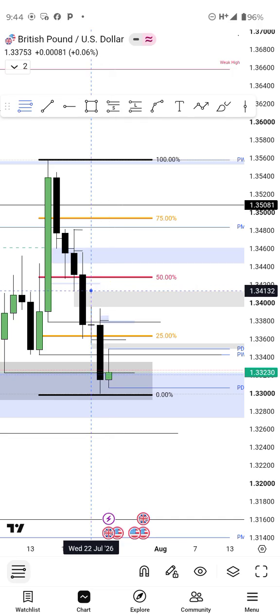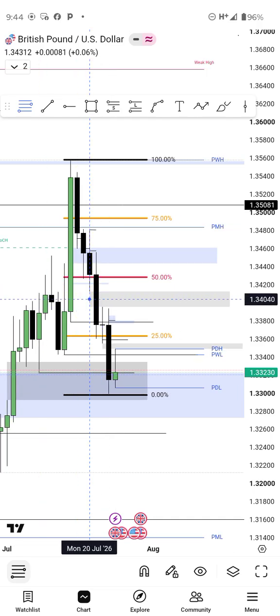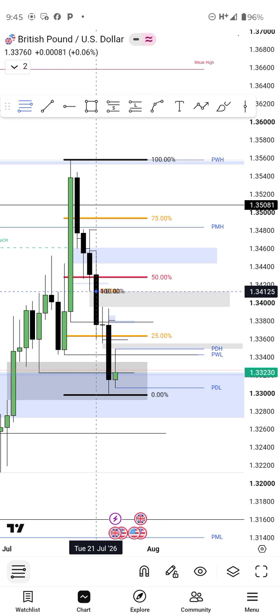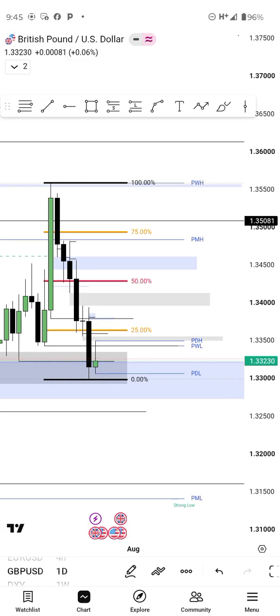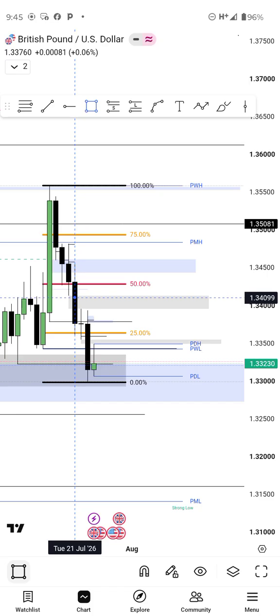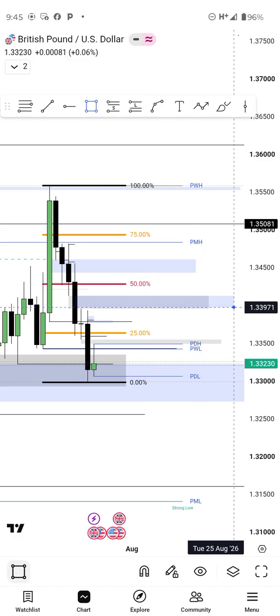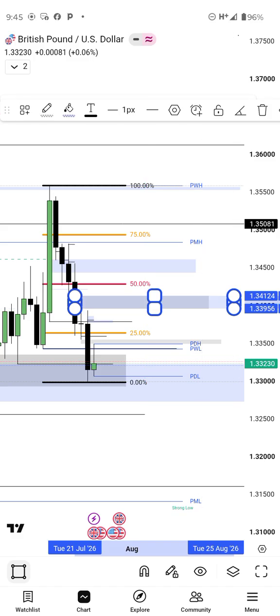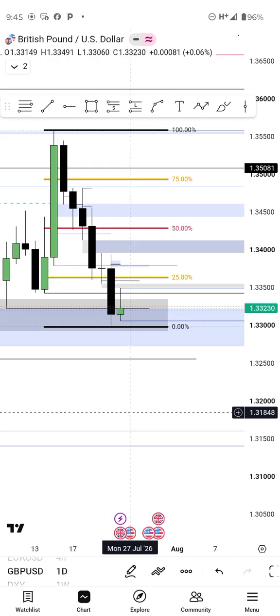Two things can happen over here. Either price will cause a divergence, which is SMT divergence, and tap inside this inefficiency at the upper side over here, because you can see we have some equal highs here.